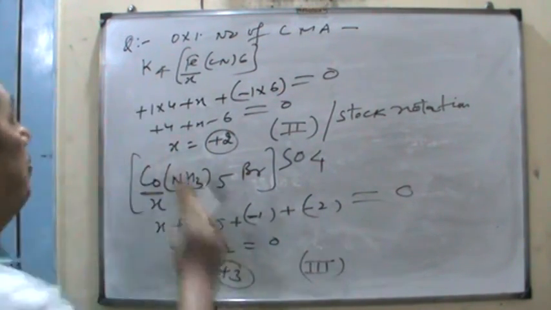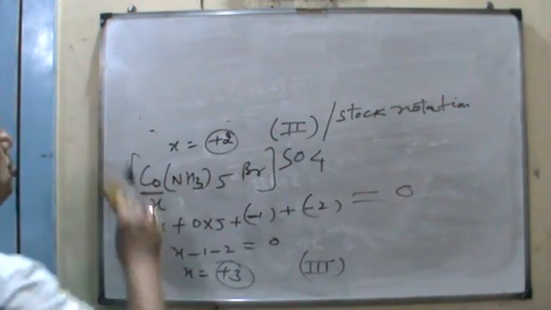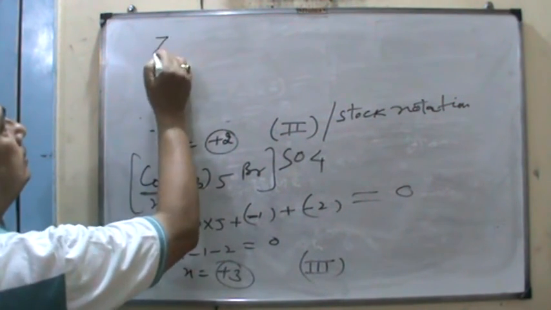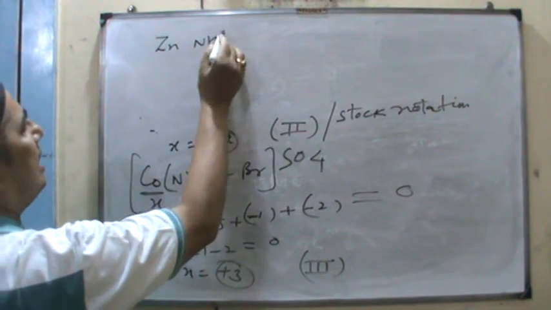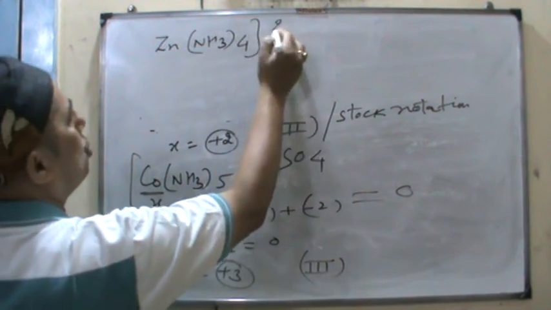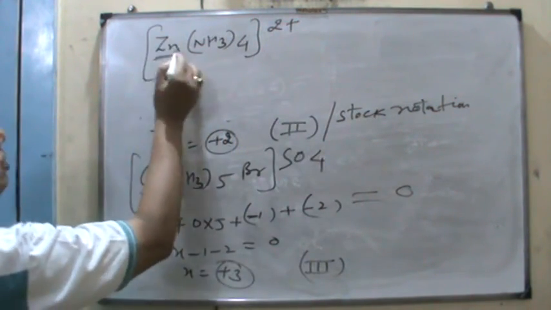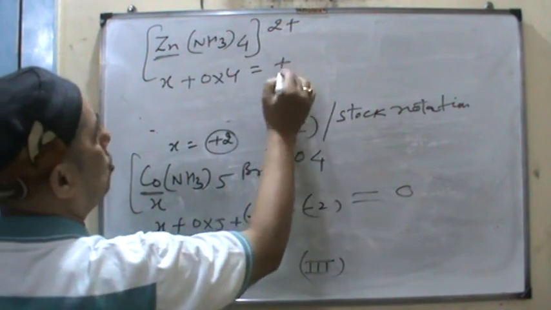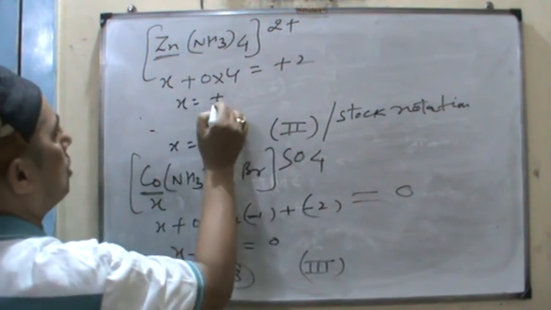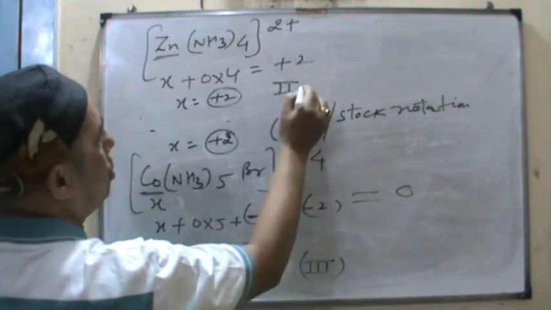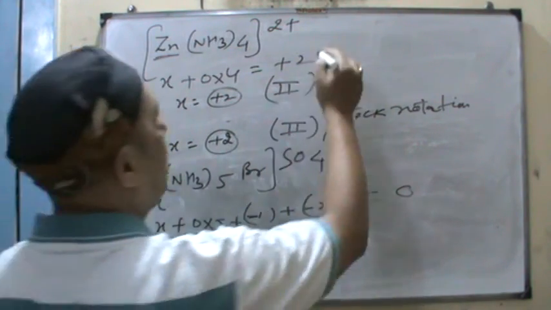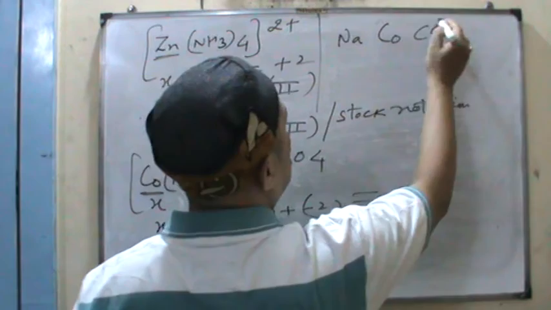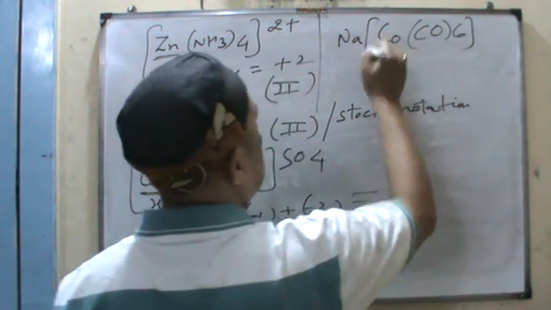Now I give you another example to calculate the oxidation number, like [Zn(NH3)4]²⁺. Let zinc be X plus ammonia, a neutral ligand, equal to +2. So X is equal to +2, in Stock notation like this. I give you another example, Na[Co(CO)4].